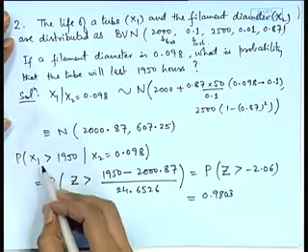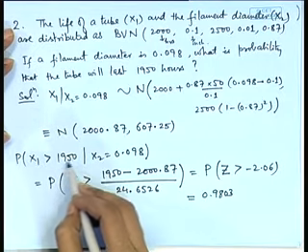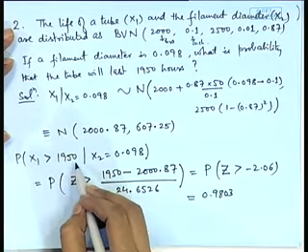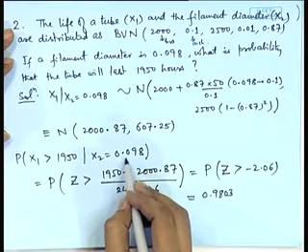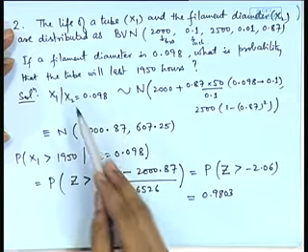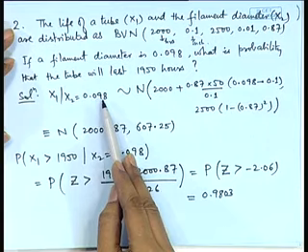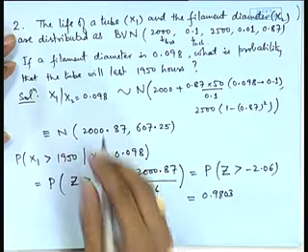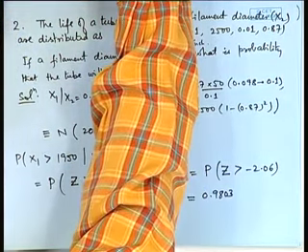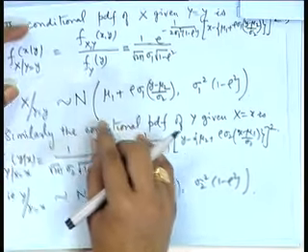So, we are interested to calculate what is the probability of surviving till 1950 hours given that the diameter is 0.098 inches. For this we need the conditional distribution of x1 given x2 is equal to 0.098. So, we make use of the formula for the conditional distribution of x given y here.